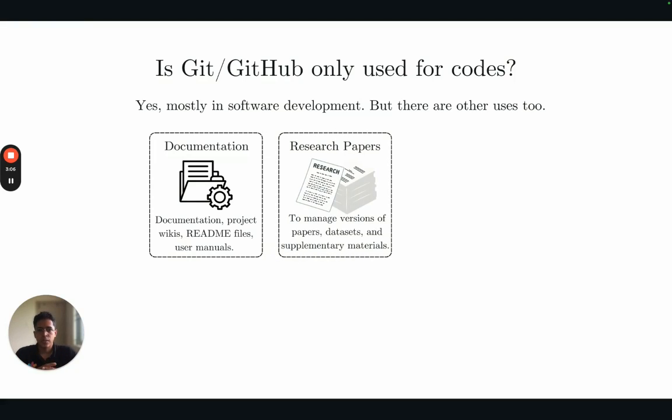Some research groups, when I was doing a PhD at MIT, most of the research groups used to use GitHub for managing versions of papers, data sets. I personally did not use it because I never felt the need for it. We were working on Dropbox and just using Microsoft Word documents for writing different versions of the paper. But many other groups were working on papers and managing versions, everything using GitHub.